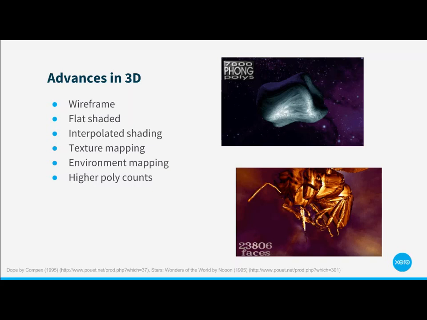So you'd start with wireframe 3D models, then went on to flat shaded, single color across an entire triangle, then blending the color across, then starting to look at lighting, and then texture mapping, which is putting an image over the polygons, environment mapping, which is the same sort of thing but slightly tweaked so it looks like things could be reflective, and always increasing the number of polygons.